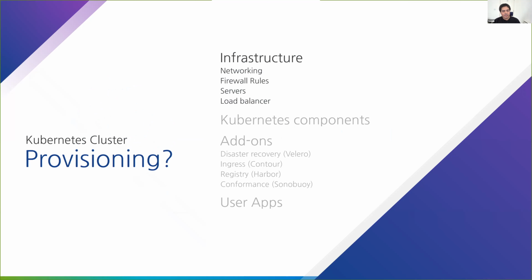The next thing we have to think about, in getting a working conformant Kubernetes cluster, is the underlying infrastructure, right? Kubernetes is plugging into load balancers, it's plugging into different cloud provider infrastructures, so we need to get that running in a certain way.